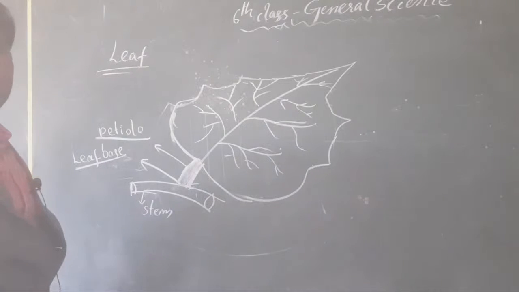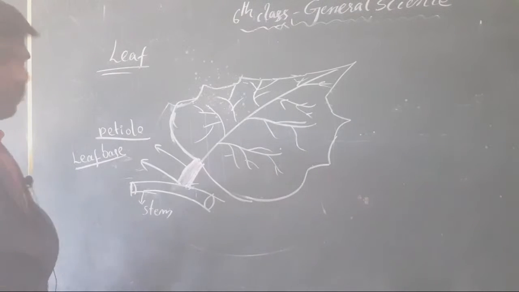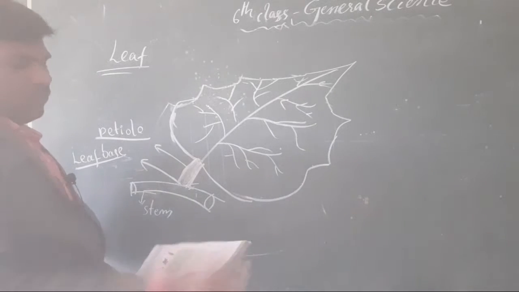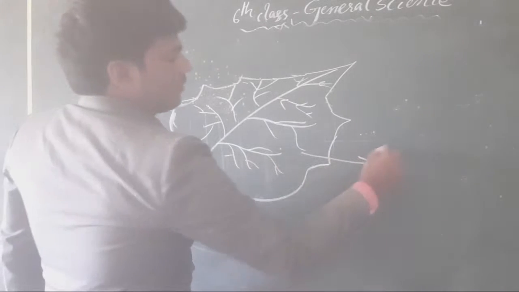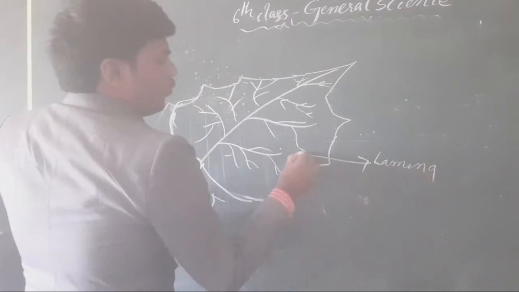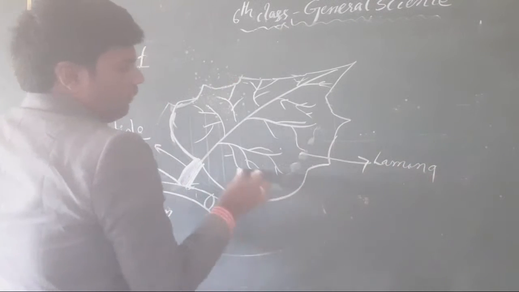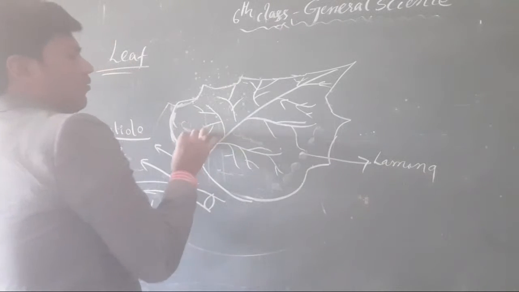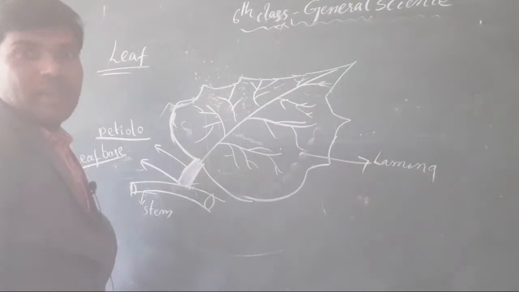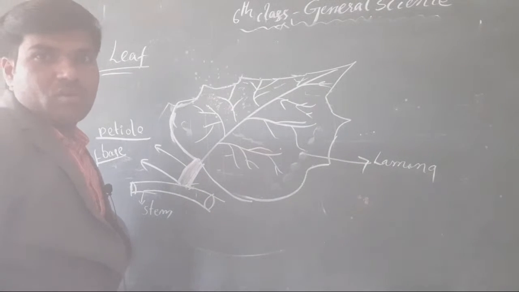Got it or not? It is called a petiole. And next, this part is called the lamina. This total portion, the greenish area, is called the lamina. Understood, all the students?